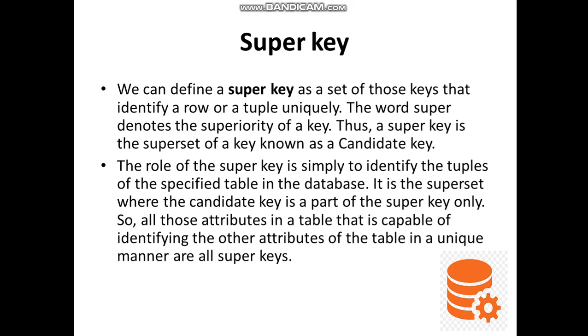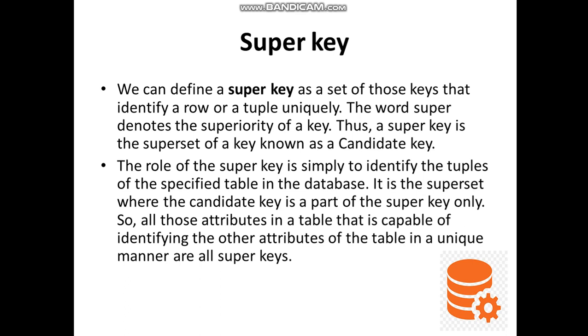Next key is super key. We can define a super key as a set of keys that identify a row or a tuple uniquely. The word super denotes the superiority of a key. Thus, a super key is the superset of the key known as candidate key. The role of super key is simply to identify the tuple of the specified table in the database.